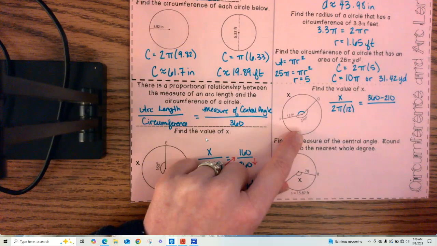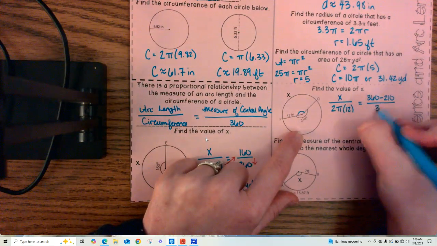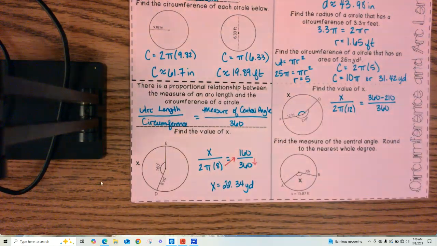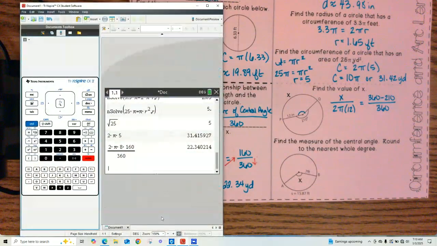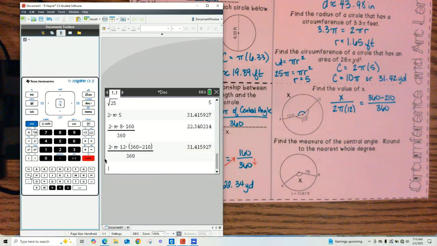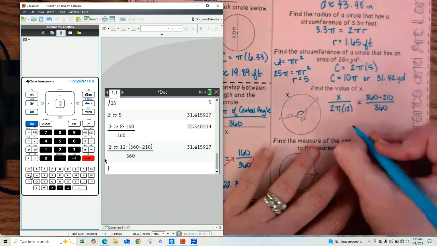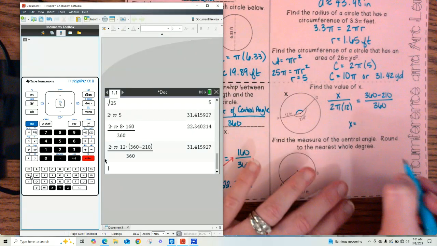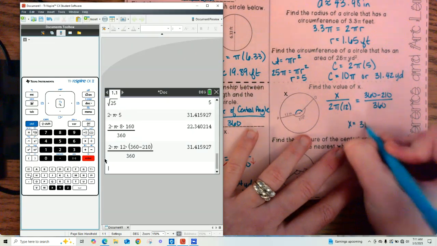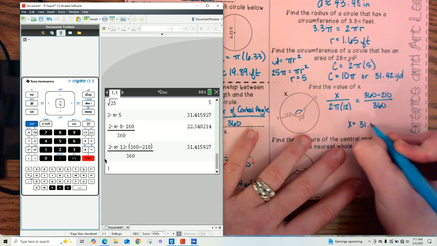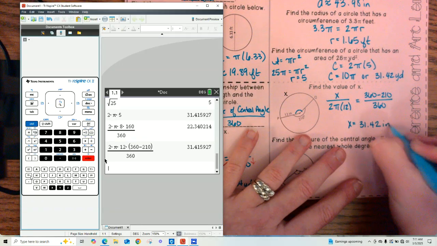You can do that ahead of time, it would be 150, or you can just put the pieces in like that. So when I do this one, I would do 2 pi times 12 times, cross multiply and divide again, but I would put the 360 minus 210 in parentheses. And so x is going to equal 31.42.